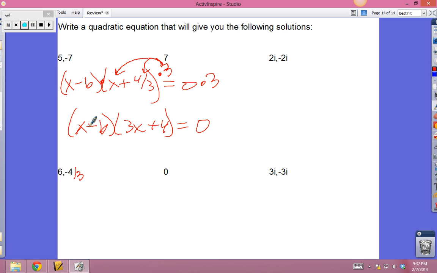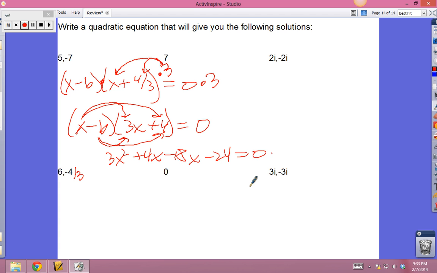So now I'm going to distribute. x times 3x is going to be 3x squared. x times 4 is 4x. Negative 6 times 3x is negative 18x. Negative 6 times 4 is negative 24. So my equation is 3x squared minus 14x minus 24 is 0.